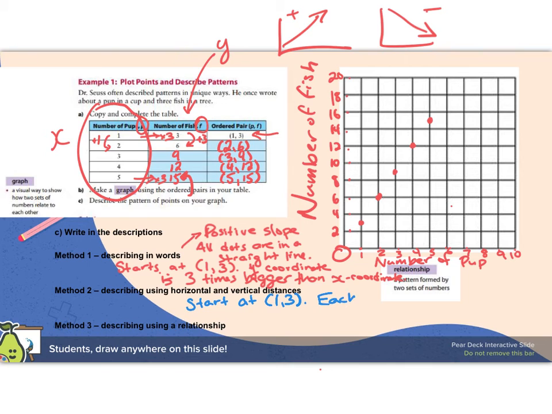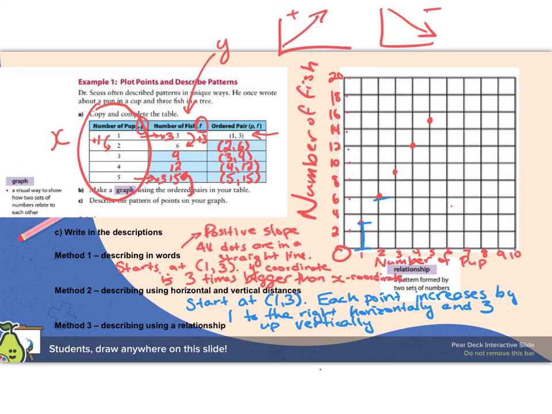Each point increases by 1 to the right horizontally, and it also goes 3 up vertically. So notice that I said 3 because it's worth 3 each time, even though it only goes 1.5 lines. If I look on the side and I read it, it's actually worth 3 units.